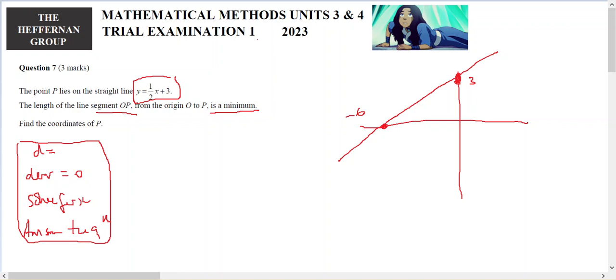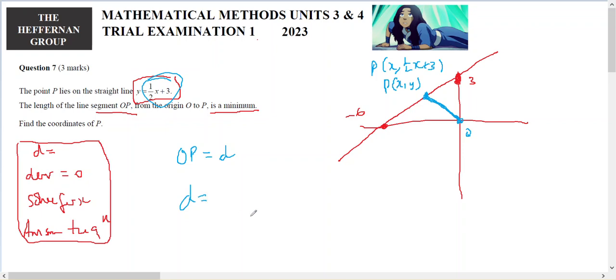I've got a point P somewhere on this line. So point P on this line will have x and y coordinates. If its x coordinate is x, the y coordinate is a half x plus 3. And I've got my 0. I'm looking for this distance here of OP. Let's call OP equal to D for distance.